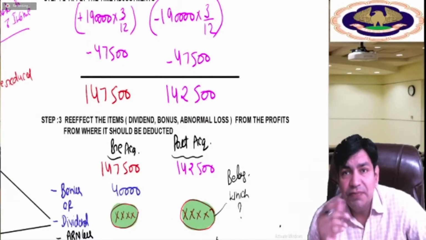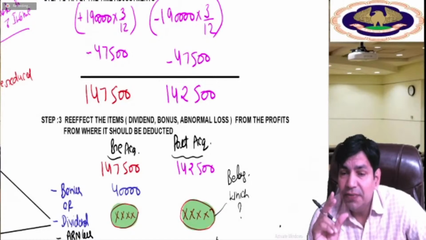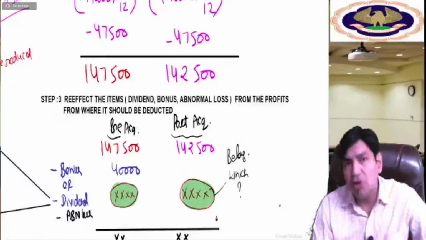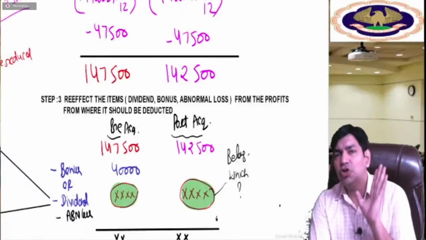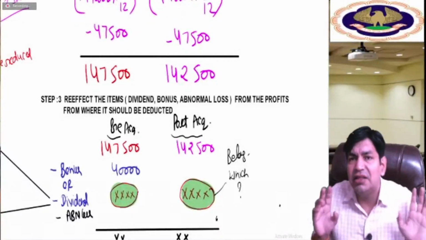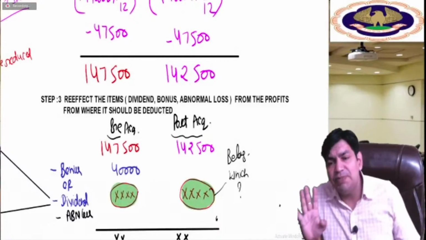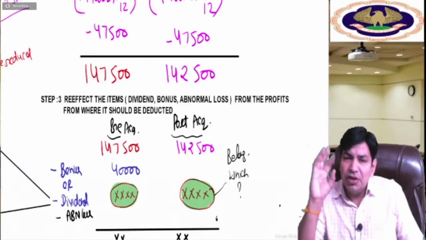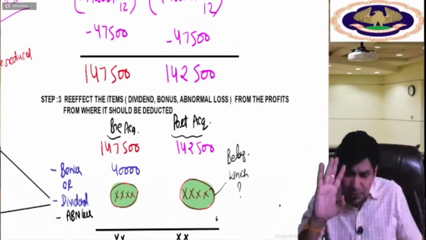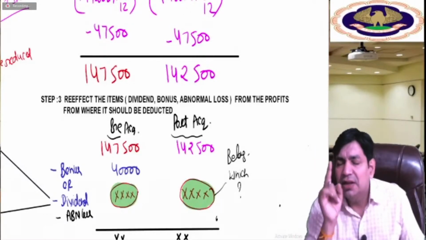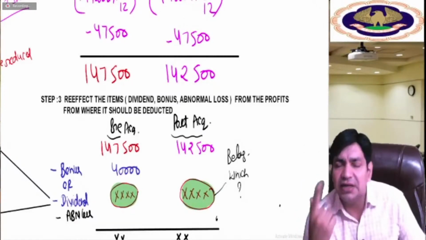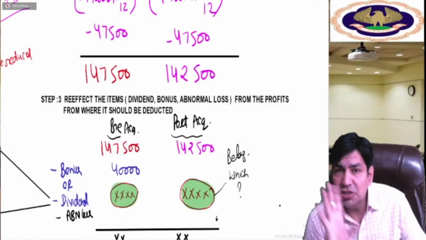In the case of dividend, it depends on the dividend. We already discussed in the last class to which period it belongs, or otherwise the question will specify clearly that it has been paid from pre-acquisition profit. Then it doesn't matter to you whether it was for the current or previous period. If the question says that it was distributed from the pre-acquisition, then it has to be re-effected in the pre-acquisition part.